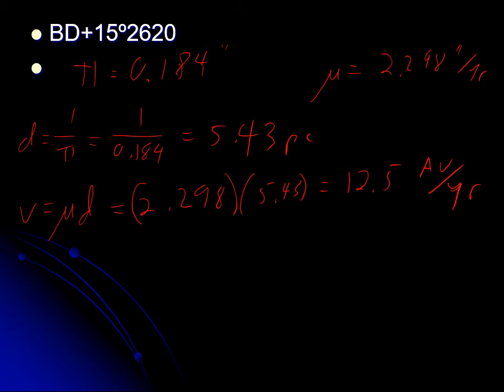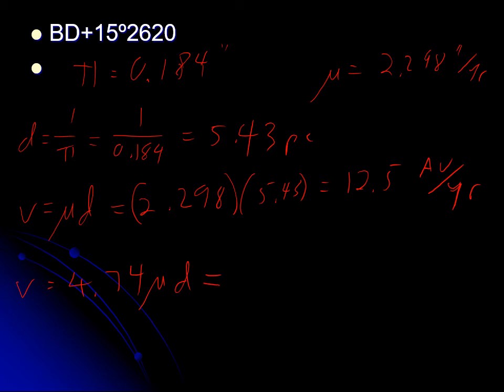Remember, 1 AU is the distance that Earth is from the sun. So that means this star is flying through space at about 12.5 Earth-Sun distances every year. And so that's going to be the motion here. If I want to find out how fast that is in kilometers per second, it's 4.74 times that quantity.